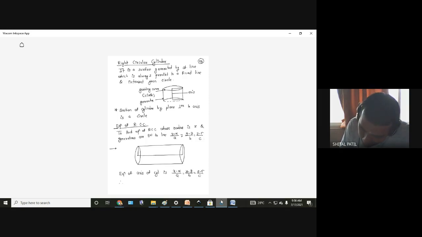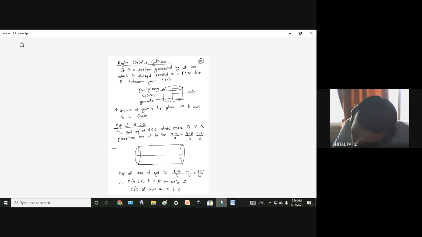Therefore, A (alpha, beta, gamma) is a point on axis, and DRs of axis, direction ratios of axis, are a, b, c.